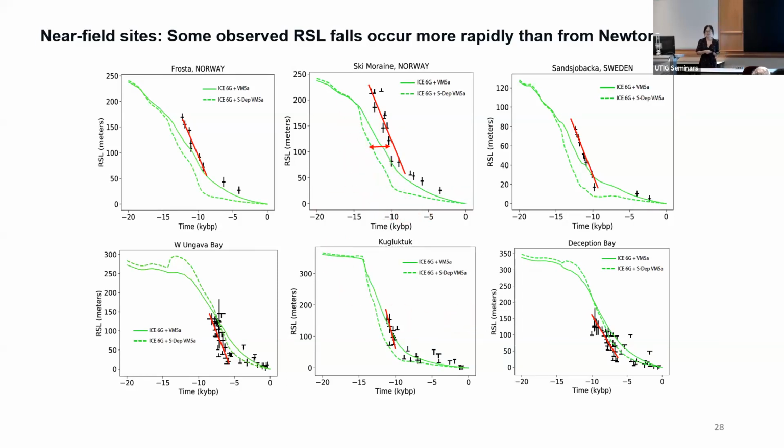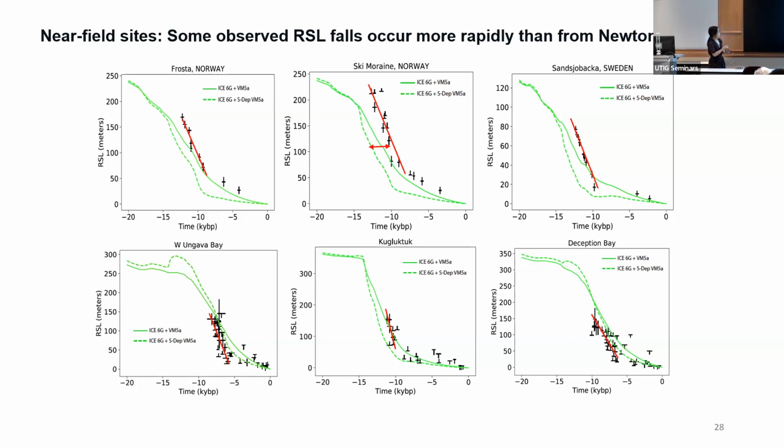So it's hard to say how much of the ice model contributes to the uncertainty, or how much of the Earth rheology contributes to this misfit. But based on previous research, people usually consider the shape of the relative sea level curve to be more sensitive to the Earth rheology structure, while the amplitude of the relative sea level data is more sensitive to the ice sheet, I mean the ice height change.